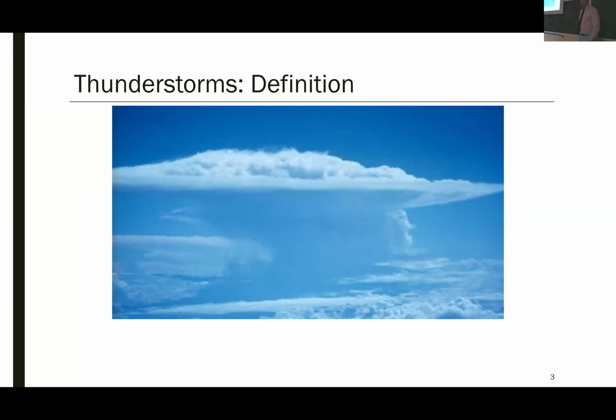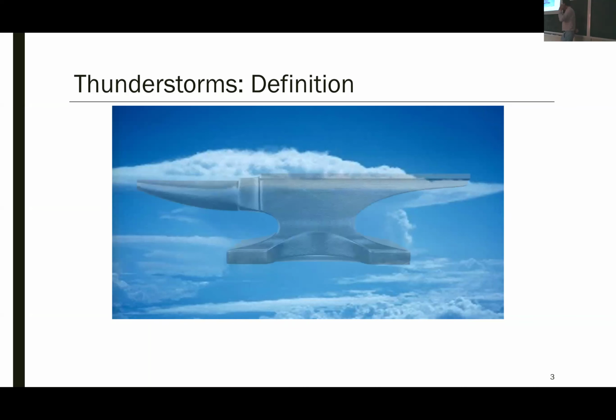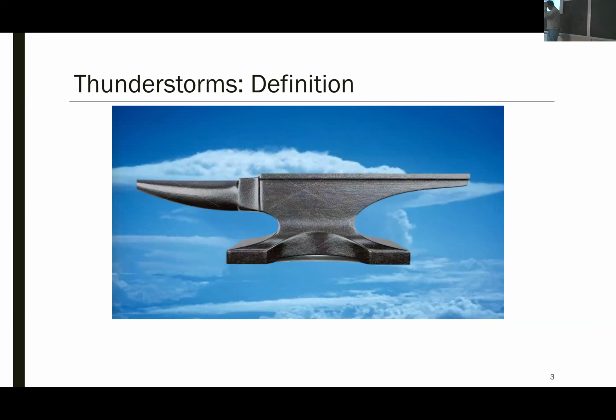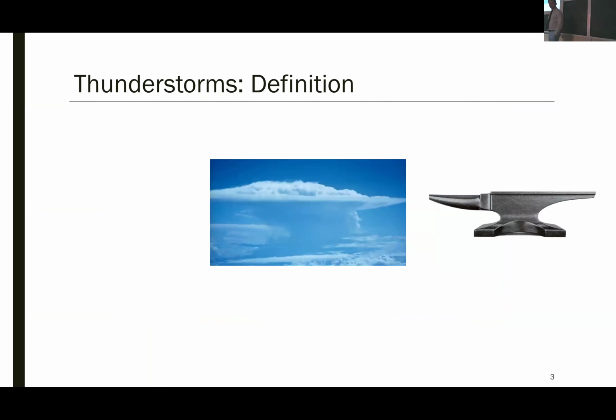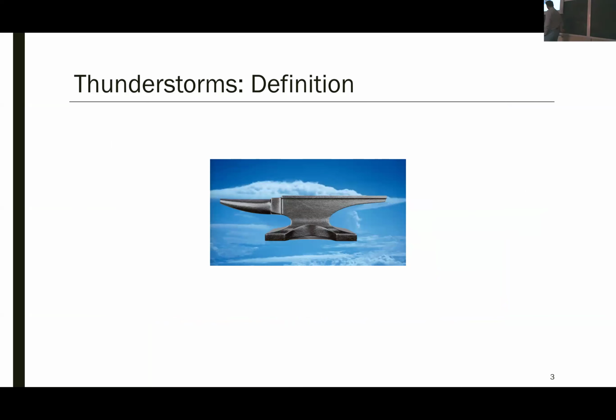These types of storm clouds are known as cumulonimbus. And they're also known as anvil clouds because this whole structure resembles an anvil, as you can see, that the smithing people used. So there is some sort of resemblance. And this cloud is quite big.